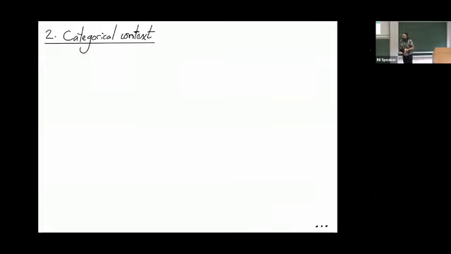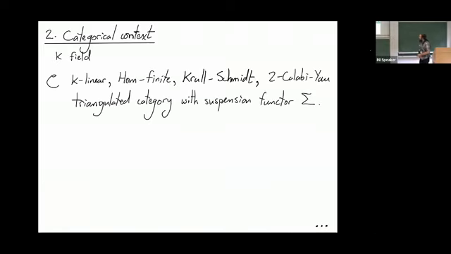Now what's the context? I will start with K, a field, not necessarily algebraically closed. This will allow us to treat non-simply laced Dynkin types. And then C is going to be a K-linear category. It's going to be Hom-finite, so the Hom spaces are finite dimensional.